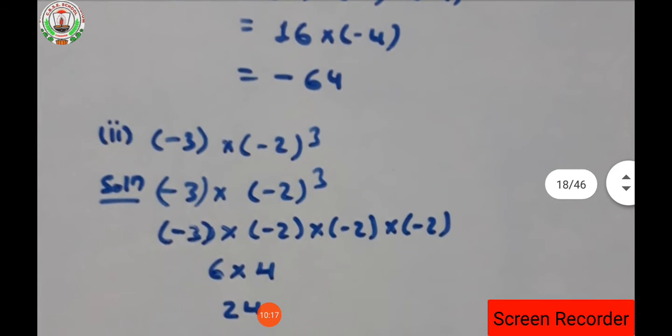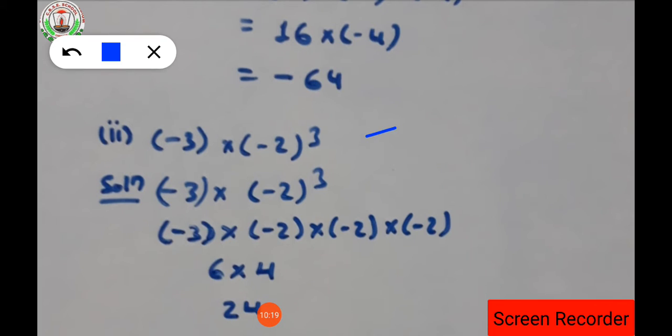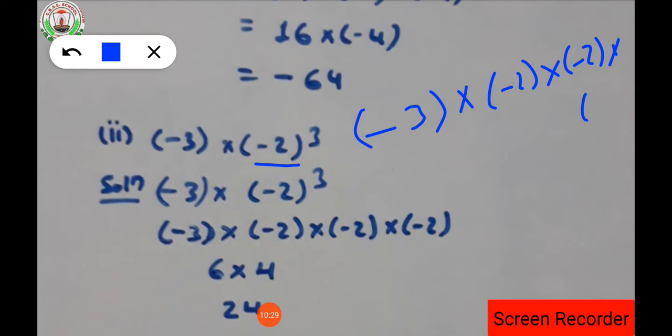Next, minus 2 to the power 3. So how many times will 2 be expanded? 3 times, isn't it? Minus 2 into minus 2 into minus 2. Now look, minus and minus will become plus. 2 into 2 will become 4.